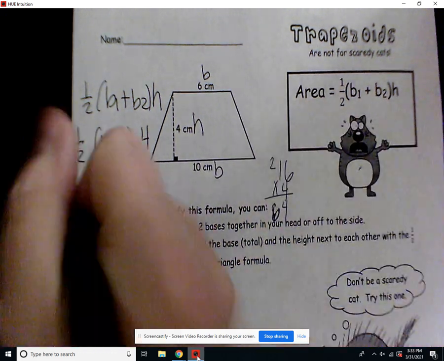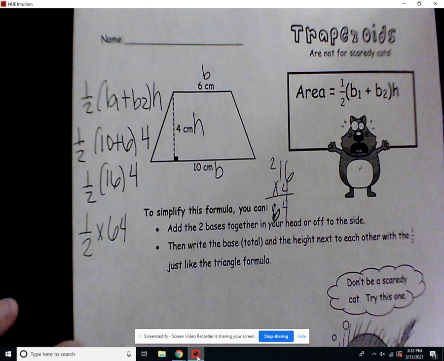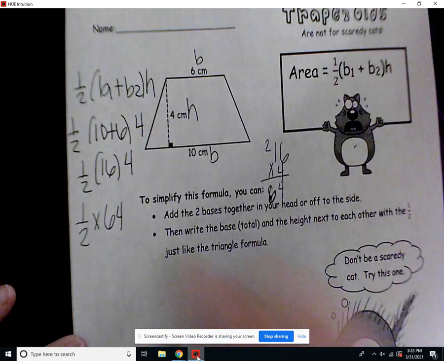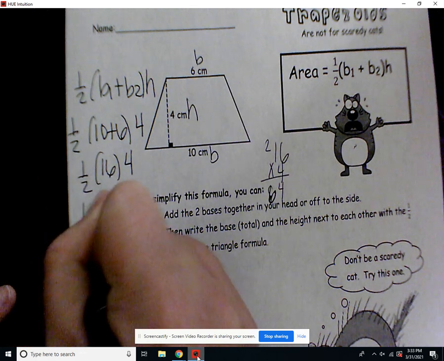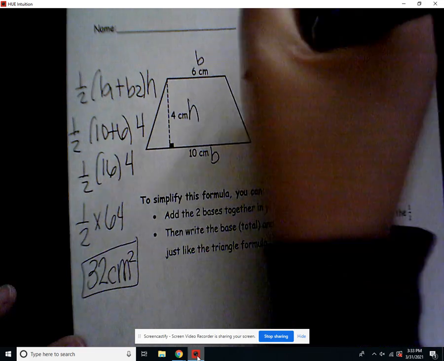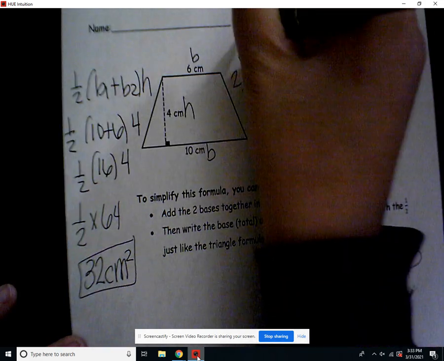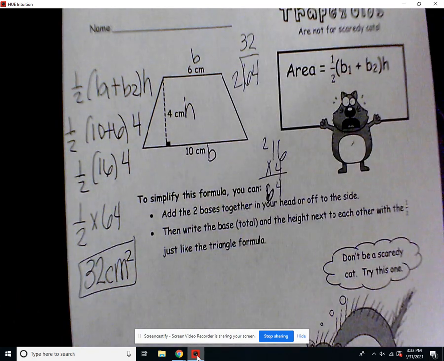That is 64. And then we're going to half 64, which means divided by 2. And that's going to be 32 centimeters squared. Okay, so again, 64 divided by 2, 32.